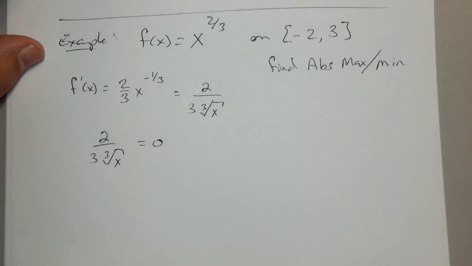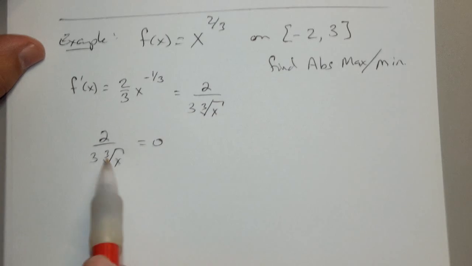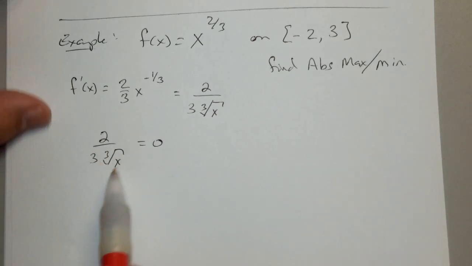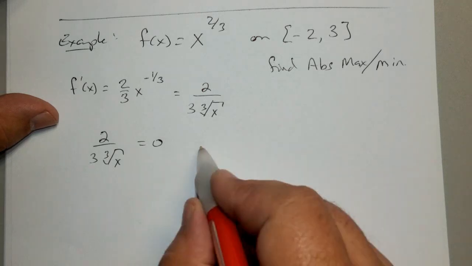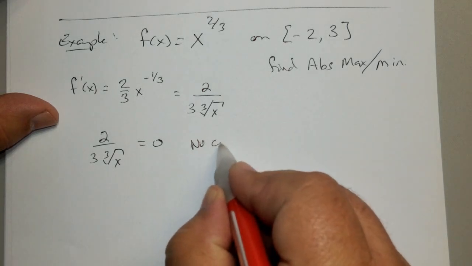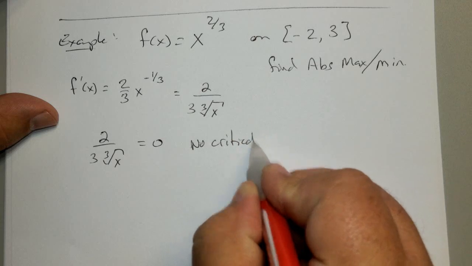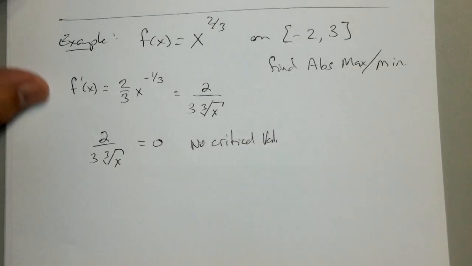If we have x on the bottom, that's going to be an asymptote. But this is looking for the slope. The only way a rational expression can be equal to 0 is if the top is 0. Can the numerator ever be 0 in this example? No. So, no critical value.